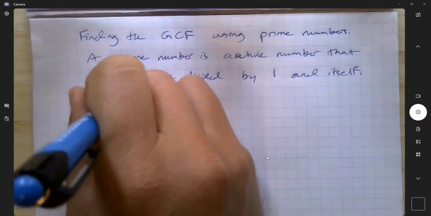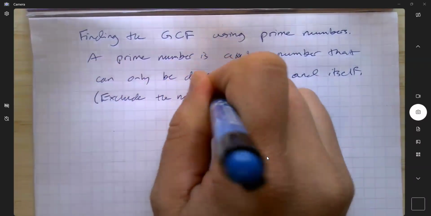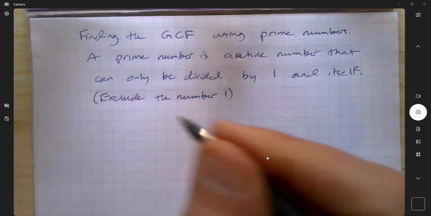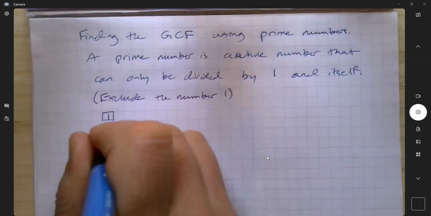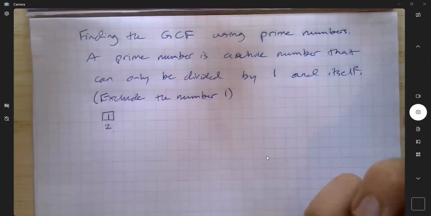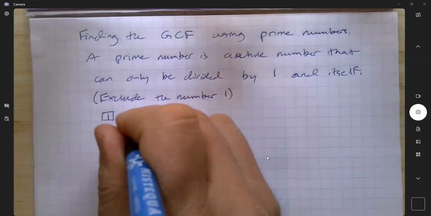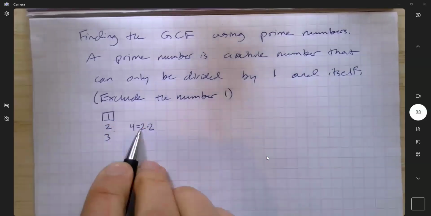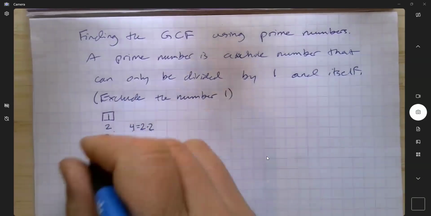And we always, from our list of primes, we exclude the number 1, because that's just too simple. 2 can only be divided by itself and 1, and also 3. But 4, I can write as 2 times 2. So since I can divide it by something other than 4, it's not prime.